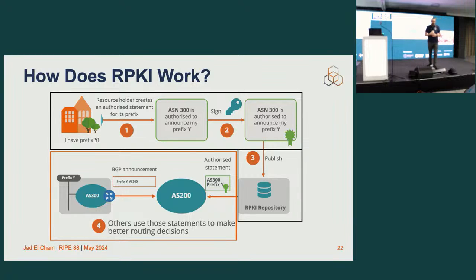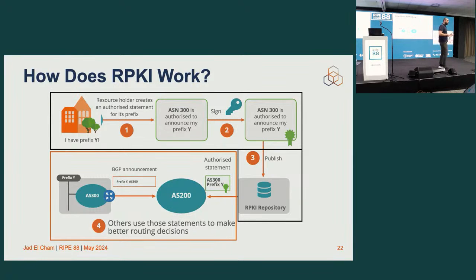All right? So RPKI, in order to really benefit from it, has two sides, two sides of the same coin. The first side is to actually create these statements. That's the black part. So everybody creates statements for their own IP addresses so that the other side, the other networks, and that's the orange part, can verify the BGP announcements or the BGP information related to our own IP addresses.